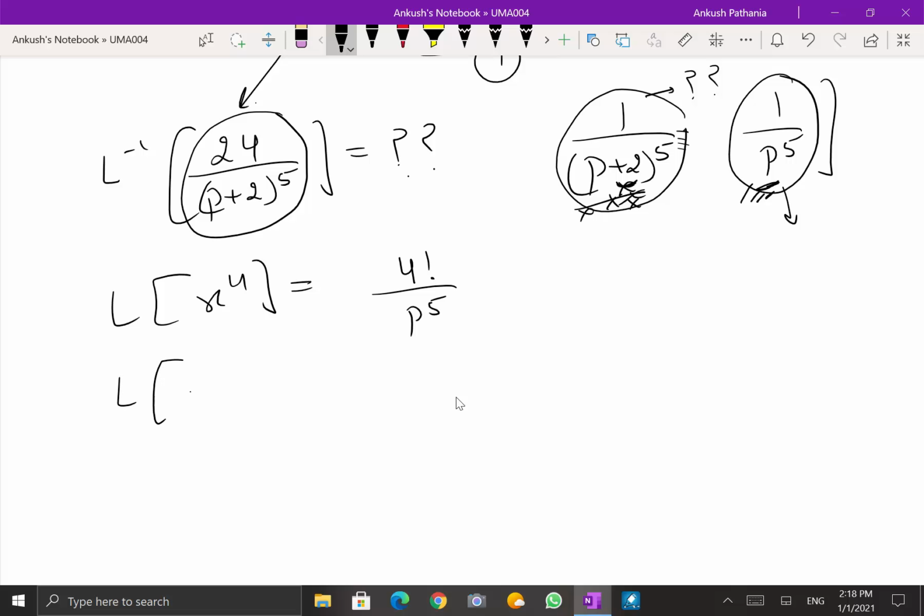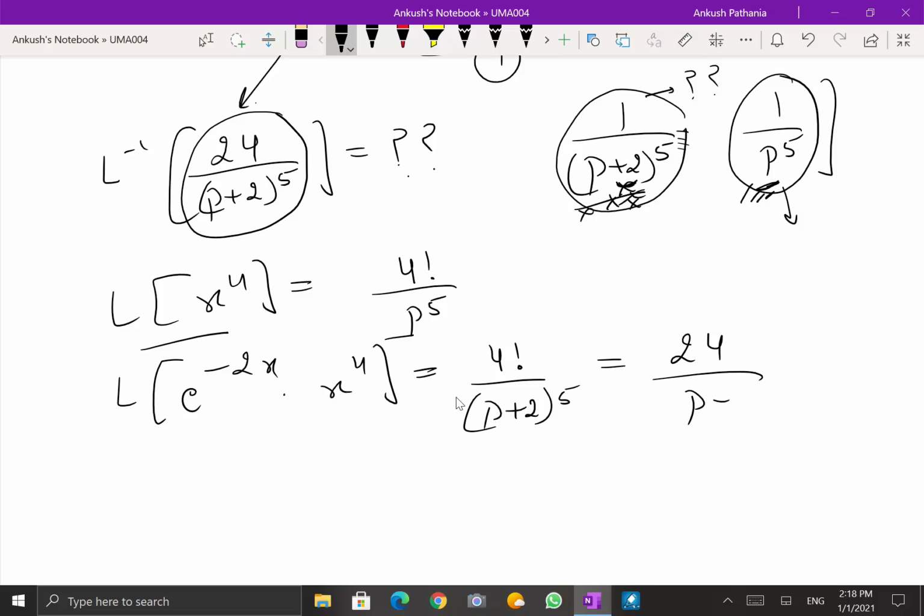So using the first shifting property, I know the Laplace of e raised to power minus 2x times x raised to power 4, by the first shifting property, is obtained when p is replaced by p plus 2. That gives 24 upon (p + 2) raised to power 5. So this is how I got the Laplace inverse.